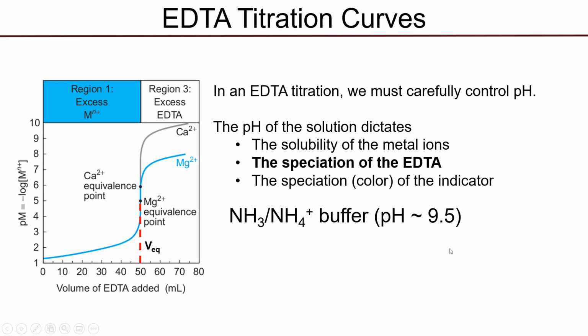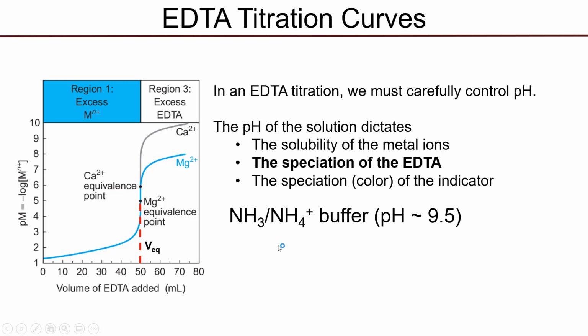As a result, then, most EDTA titrations are buffered to a pH that's between 8 and maybe 11 to run the reaction, which ensures that the pH is not high enough for you to precipitate out your metal ions as hydroxides, but it is high enough that the EDTA is mostly deprotonated and ready to perform the complexation reactions.